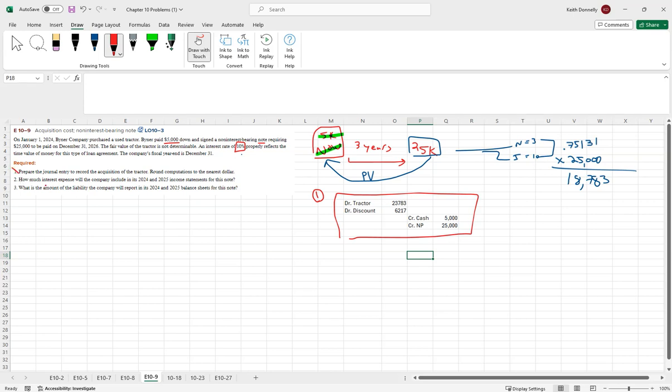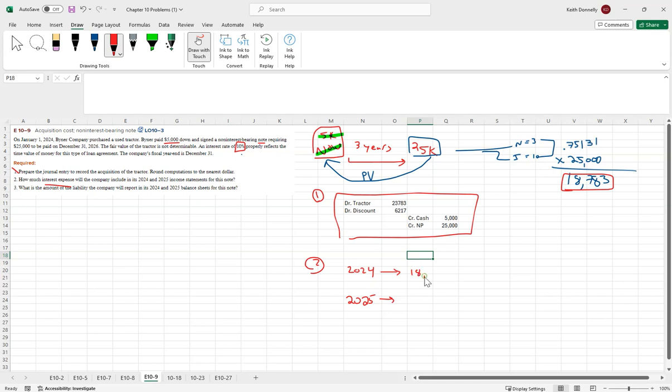Then for 2, it says, how much interest expense will the company include in its 2024 and 2025 financial statements? So we have essentially 2024 and we have 2025. How do we do this? Well, we have it on there. The note, if we present value the note, it's at 18,783.